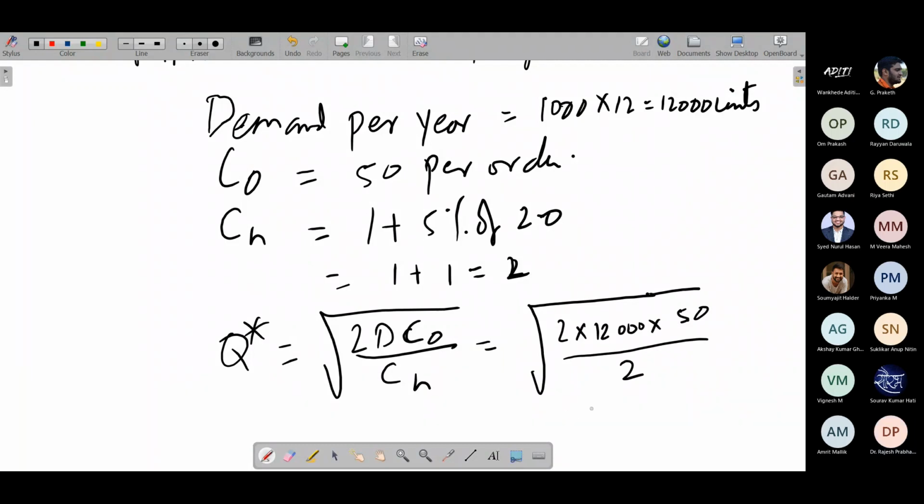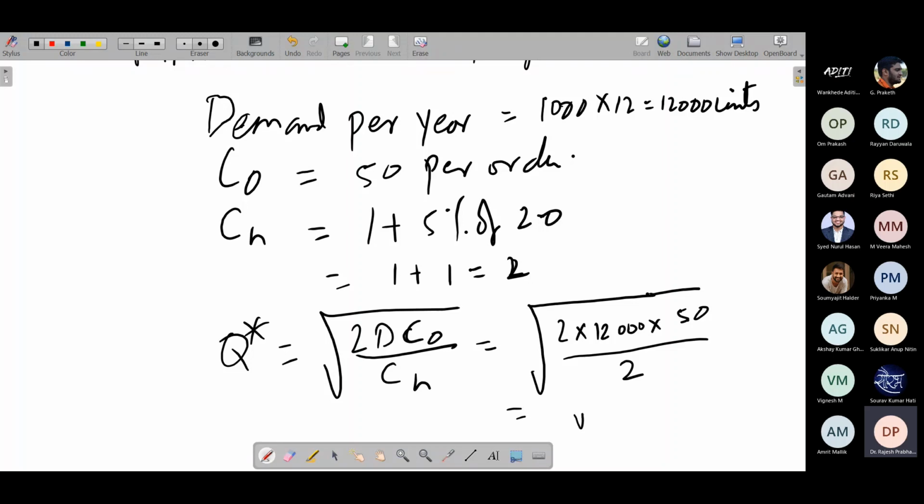Multiply this: 2 into 12,000 into 50 is 12 lakh, divided by 2.